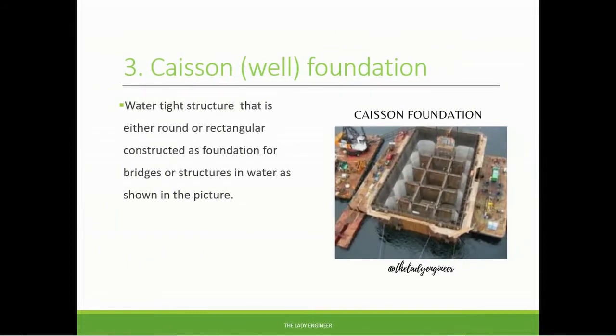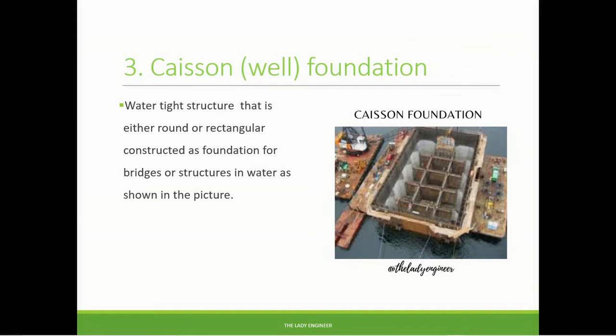The third type of deep foundation is the caisson or well foundation. This is a watertight structure that is either round or rectangular, constructed as foundation for bridges or structures in water as shown in the picture.